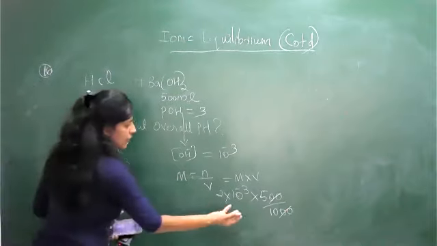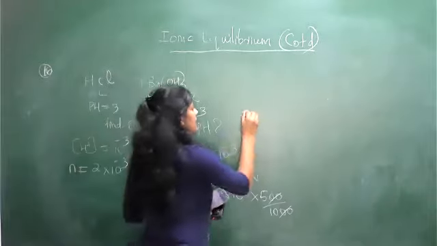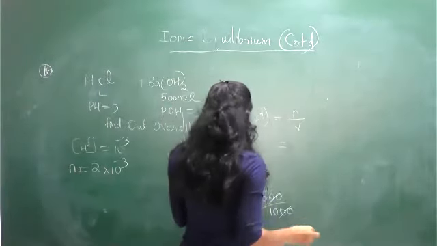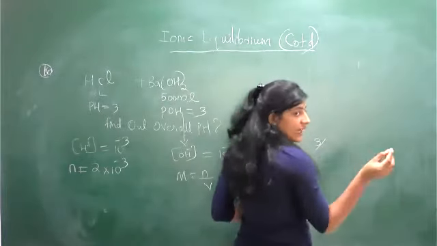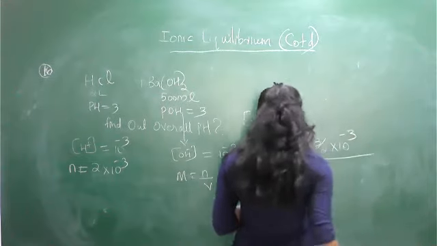These are the data for you. H plus ion concentration means N by V. So N is equal to the total number of moles, which is 3 by 2 into 10 to the power minus 3, divided by volume.